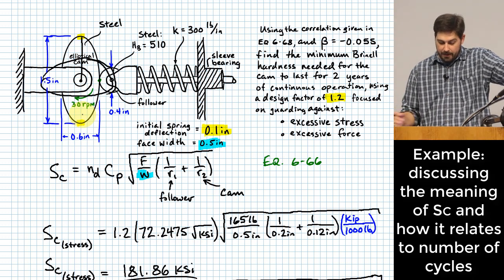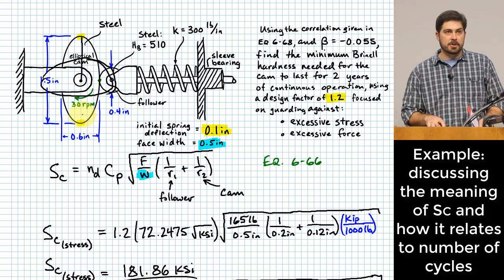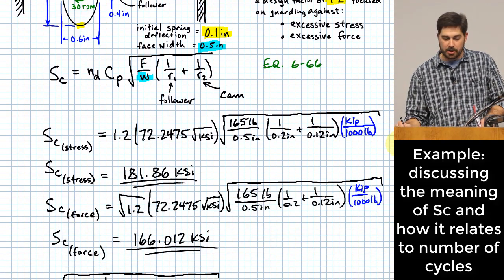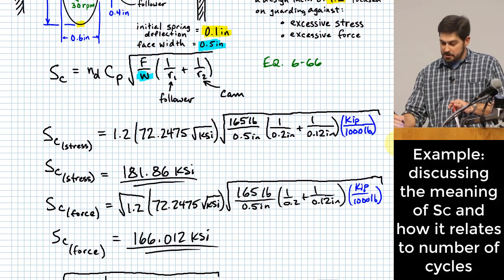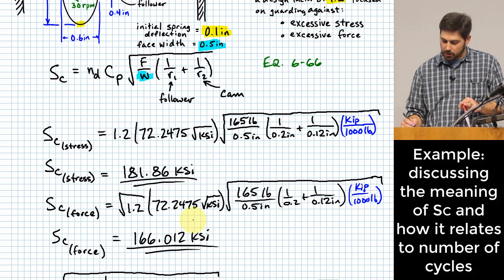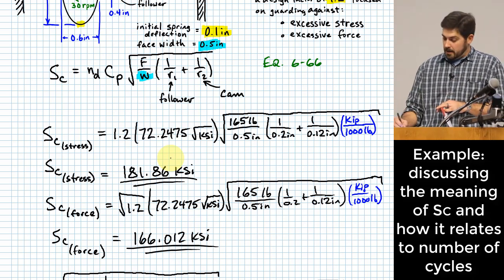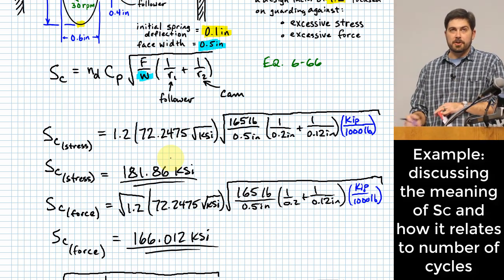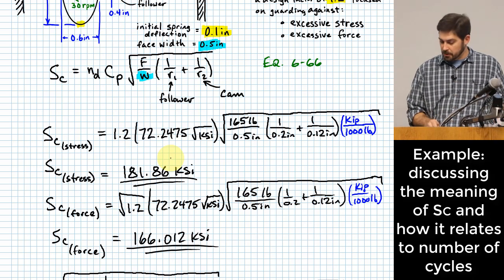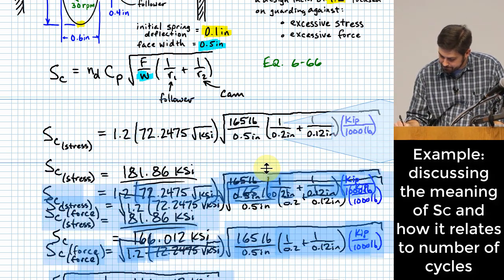And at that number of cycles, these are the 2 strength values we need to shoot for, one in the case of guarding against stress, one in the case of guarding against force. But these are based on a particular number of cycles. So let's figure out what that number of cycles is before we move on much further.